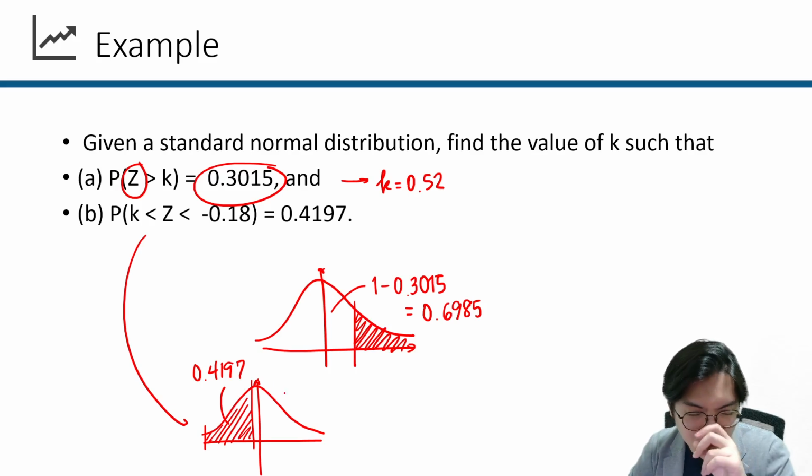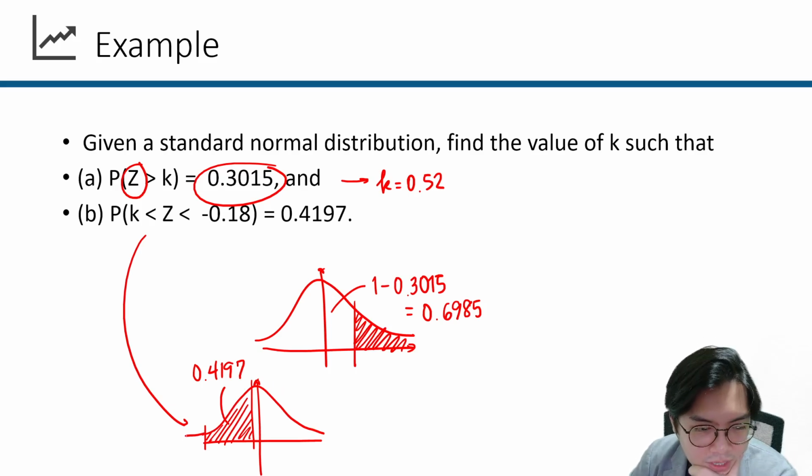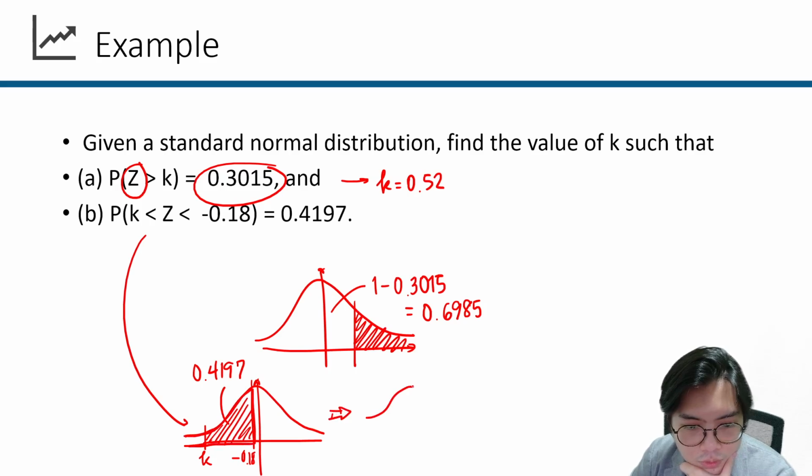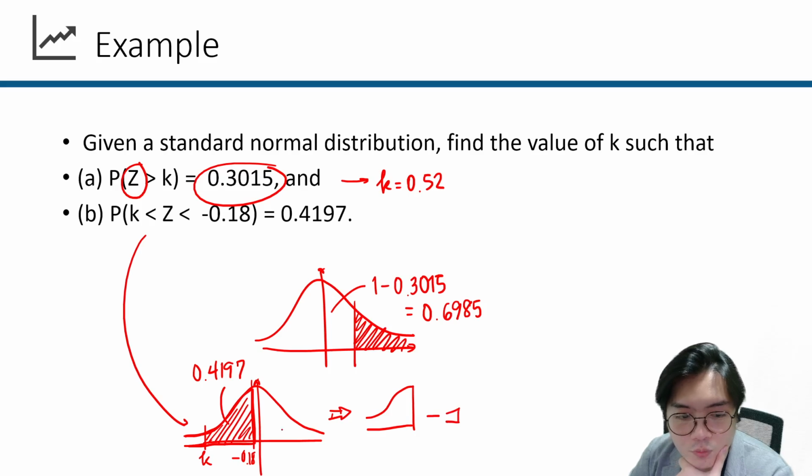Just like earlier, I'm supposed to know what the value of this shape is. This boot right here. If I take the difference of that with this little area that I'm shading right now, we will get our value, which is supposed to be 0.4197.